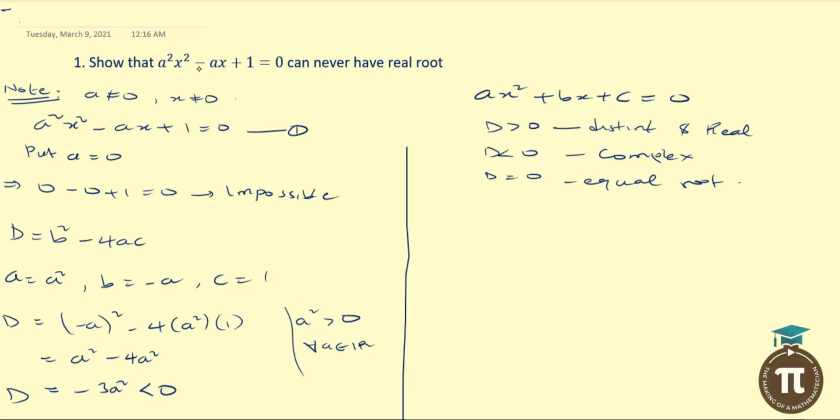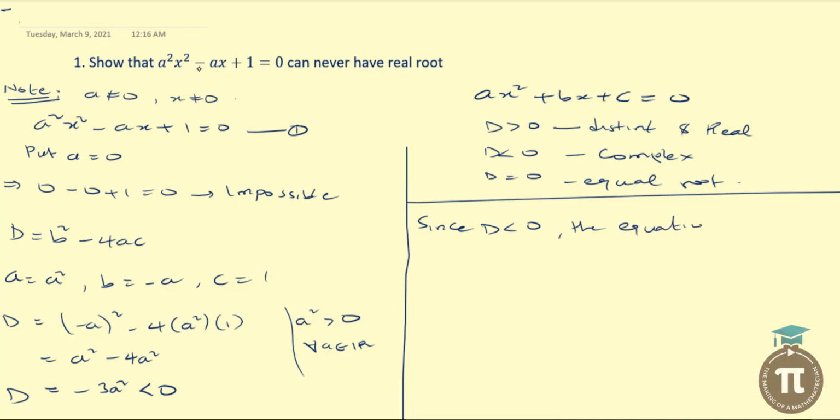So since the discriminant D is less than 0, the equation has a complex root, it is not real.